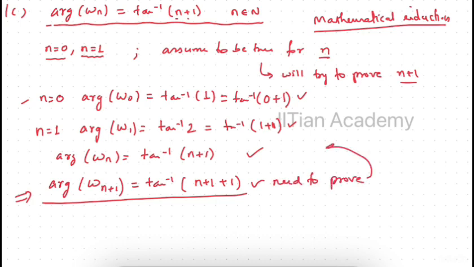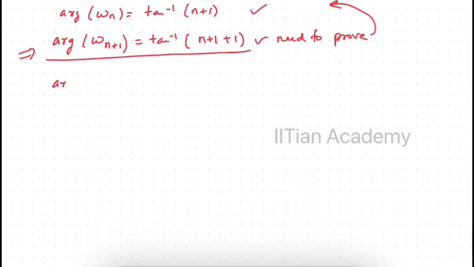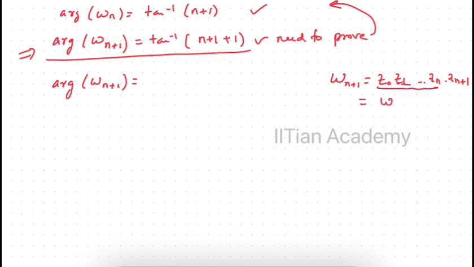Now for the argument of wn plus 1, what is wn plus 1? This is nothing but z0, z1 up to zn into zn plus 1. So we can write this up to zn as wn into zn plus 1. So this will be the argument of wn multiplied by zn plus 1.